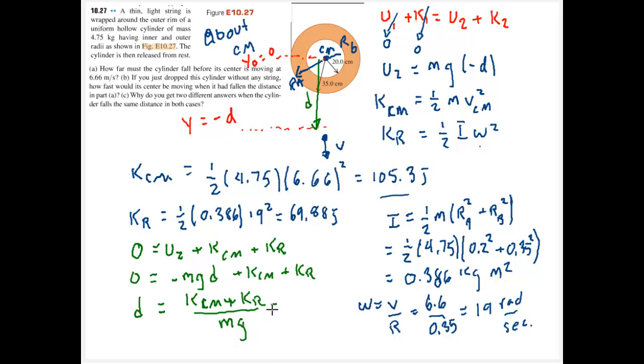Plug all these in, and I'm going to get 105.3 plus 69.88, both in joules, over the mass, 4.75, times gravity, 9.8. And I'm going to come up with my final distance being 3.76 meters.